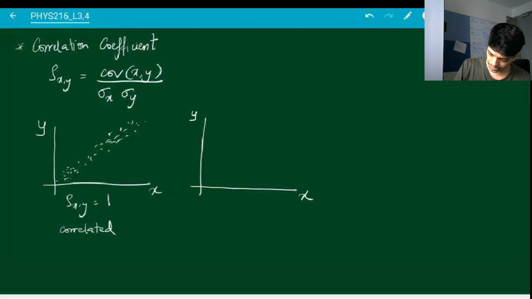You can also have a case where they are distributed like this. So now what happens is, when x increases, y decreases, or when x decreases, y increases. So in this case, the correlation coefficient turns out to be negative, and then we say that these two variables are anti-correlated.